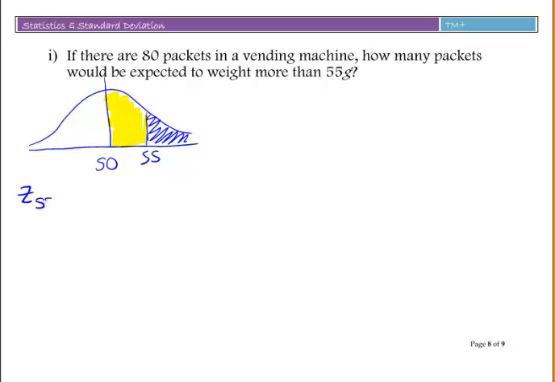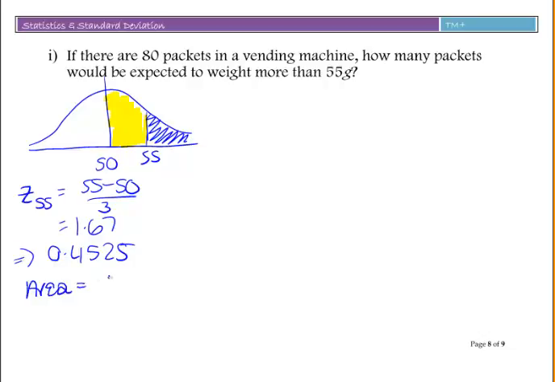So my z-score for 55 is 55 minus 50 divided by 3, which is 1.67. Look up my normal distribution table. That gives me a proportion of 0.4525. So the area is 0.5 minus 0.4525, which gives me 0.0475.